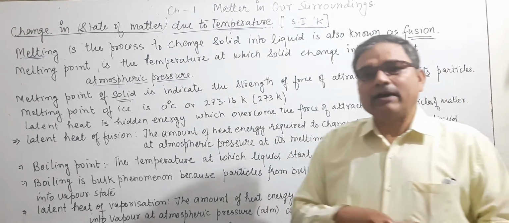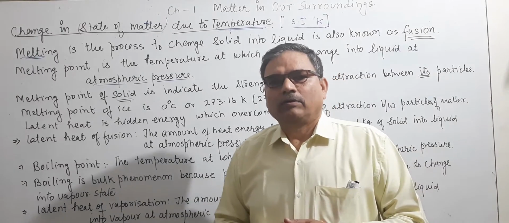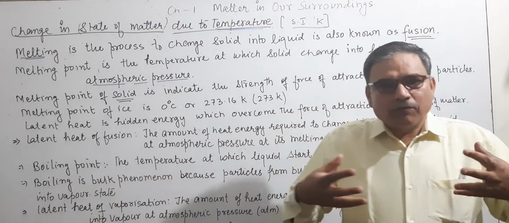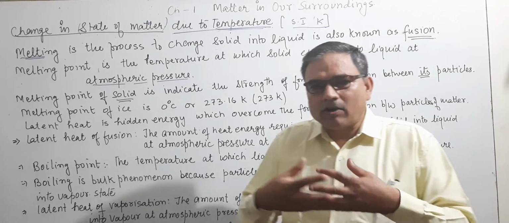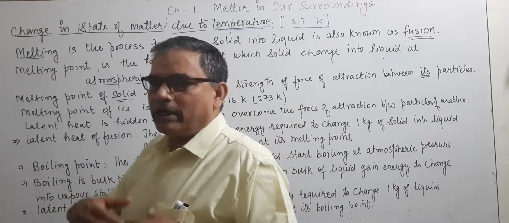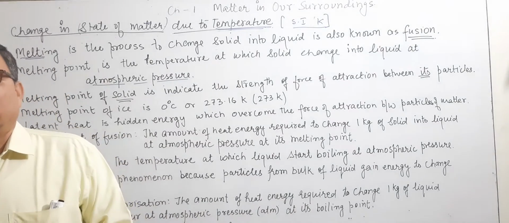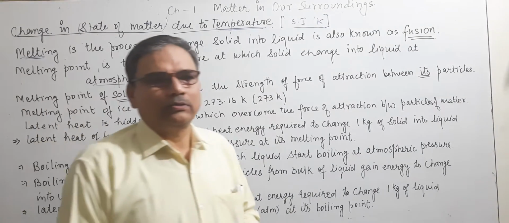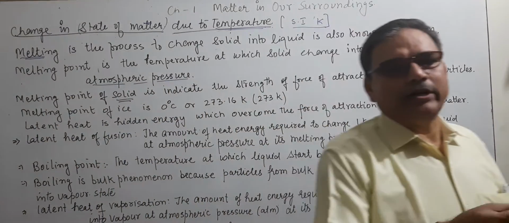And some solids have less melting point. Why? Because the force of attraction between the particles of that matter is comparatively less. Therefore, they need less heat to convert that solid into liquid.